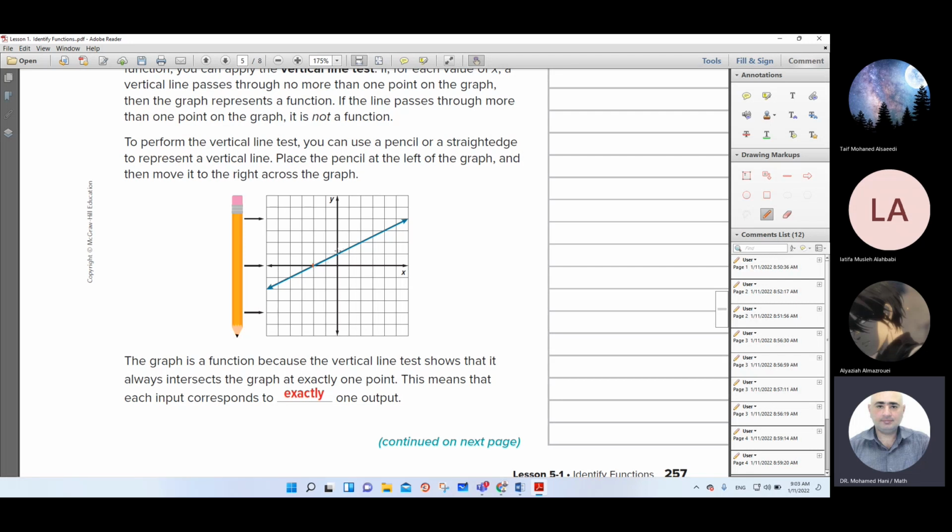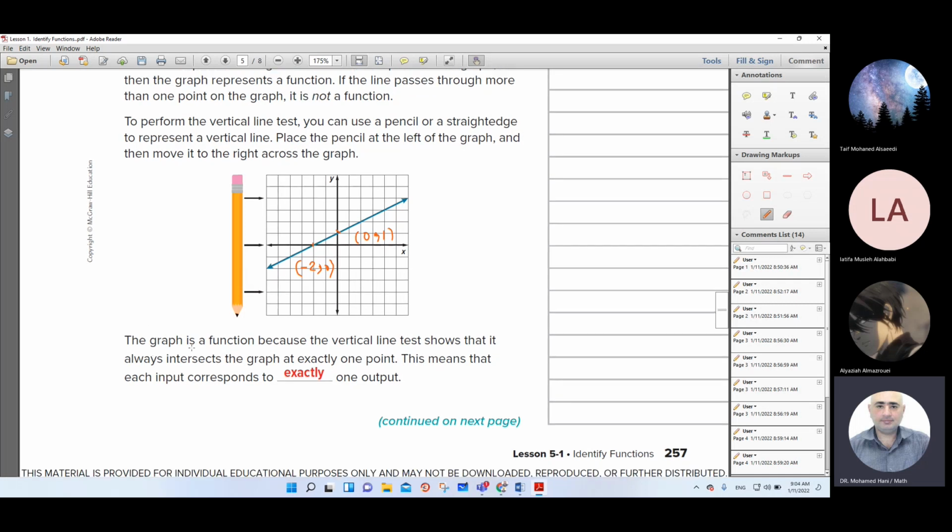What is the location of this point? This is -2 in x and 0 in y. And what is the location of this point? This is 0 in x and 1 in y. So x must not be repeated in more than one point. So the graph is a function because of the vertical line test.